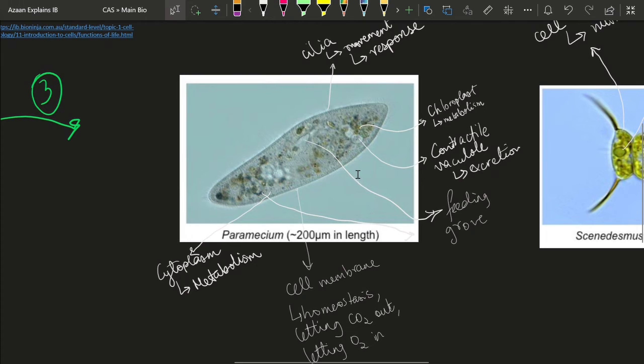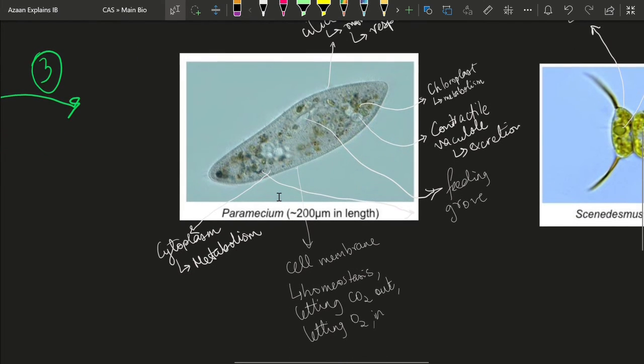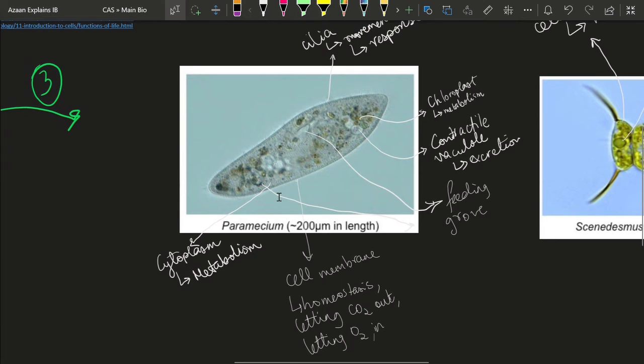So, for example, Paramecium, a single-celled organism, has cytoplasm, which carries out all the chemical reactions of that cell, which means that this represents the metabolism of the cell. The cell membrane, which represents homeostasis, is responsible for letting CO2 out and letting oxygen in.